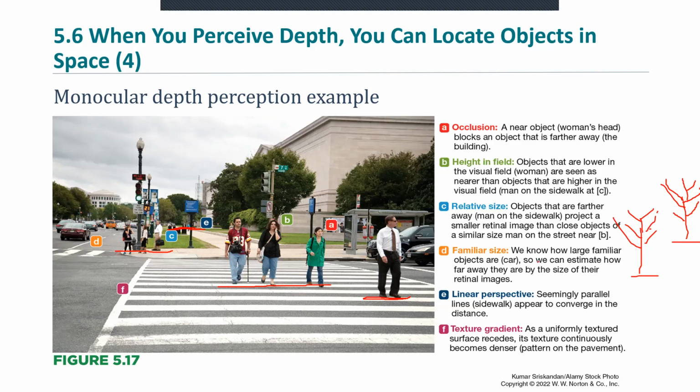Okay, let's go on. Relative size: objects that are farther away, such as the man on the sidewalk back here near the C, he's got a black briefcase, project a smaller retinal image than close objects, such as a similar-sized man on the street near B. They're comparing this guy here to this guy back here.